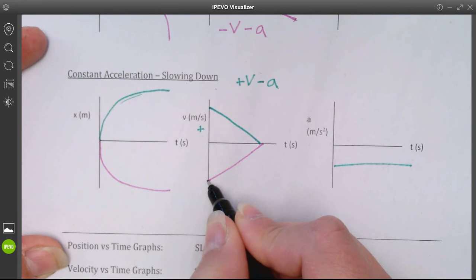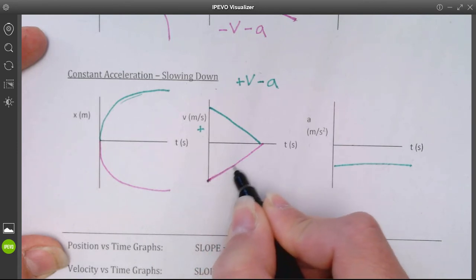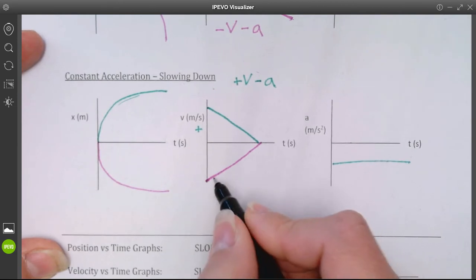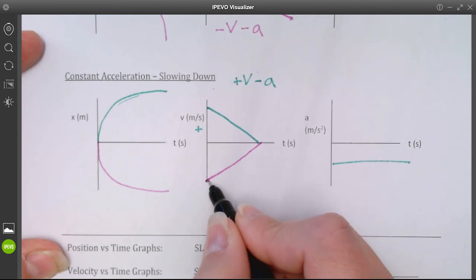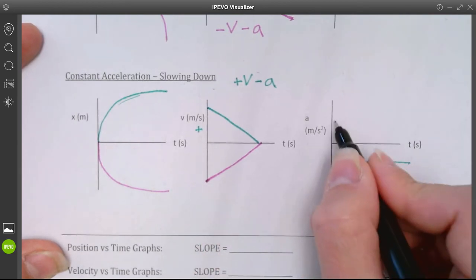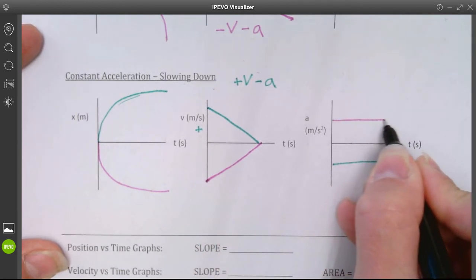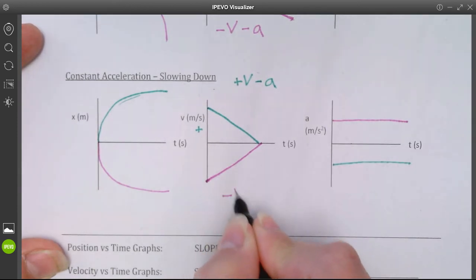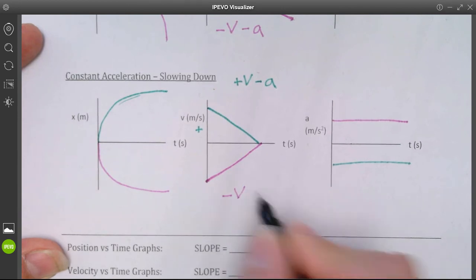So that means that our acceleration is actually in the positive direction, because we're traveling in the negative direction, but our velocity value is decreasing. So the change is actually positive. So in this case, we have a negative velocity and a positive acceleration.